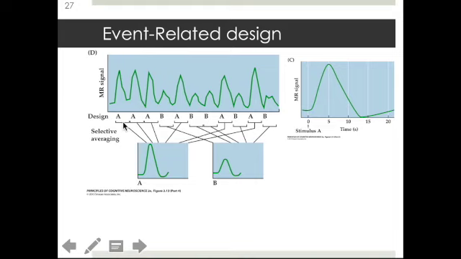So instead of having 30 seconds where stimulus A is being presented repeatedly, you present these stimuli spaced out over several seconds for each stimulus, but in an interleaved way. So here B is interleaved within different presentations of A, and so on.